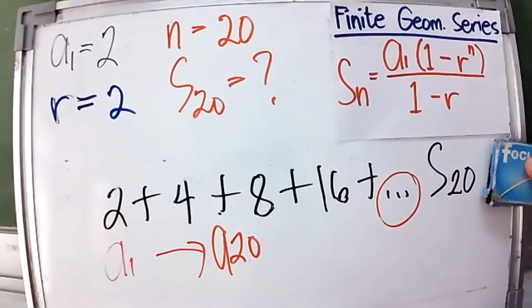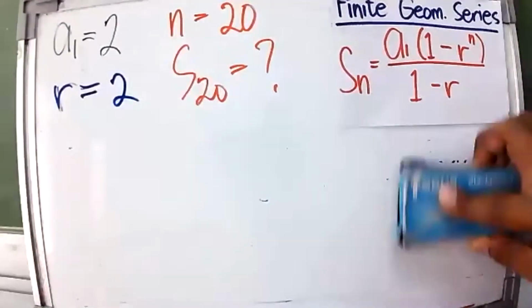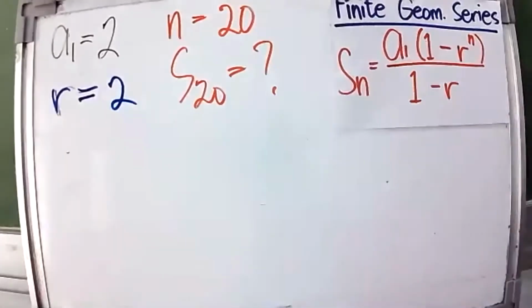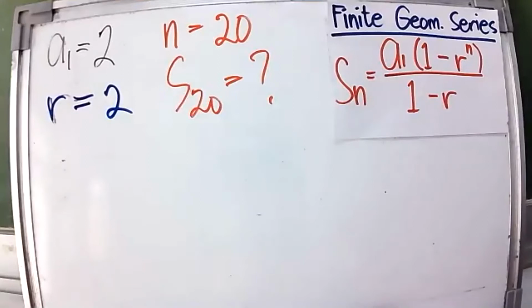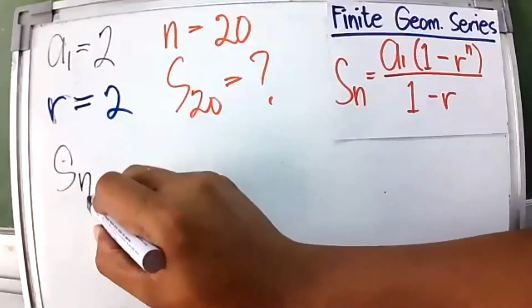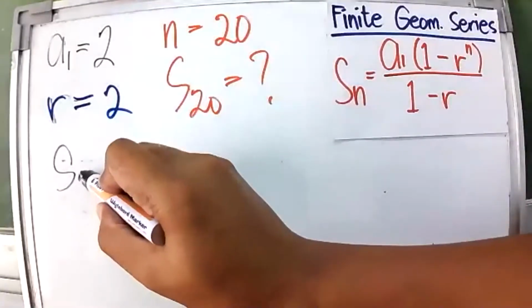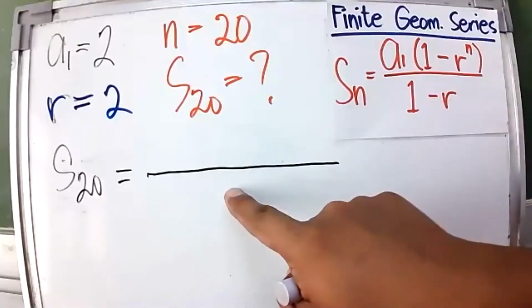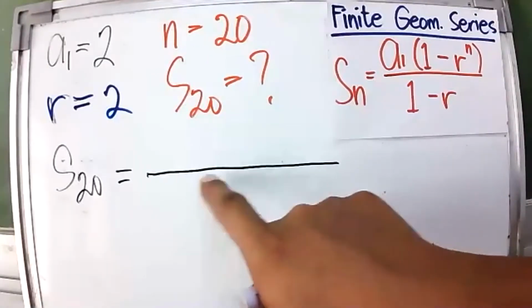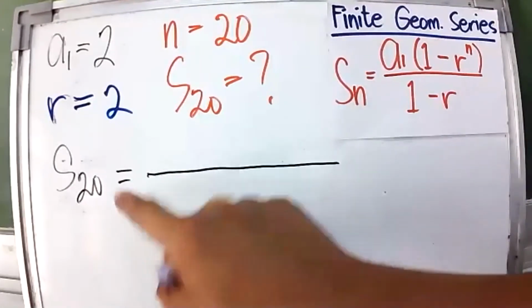So I will now erase this given so that we will have a space for the solution. So just follow this formula. We will have S sub n, sorry, it's not S sub n anymore. It's S sub 20 is equal to, always remember that the bar line of your fraction should always be aligned with your equal sign. Remember that.